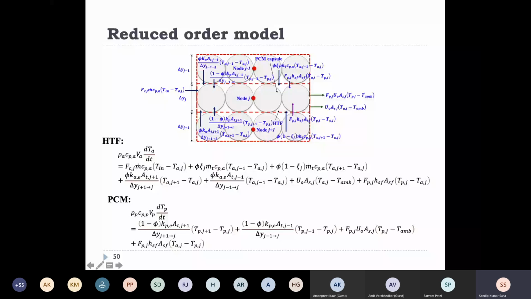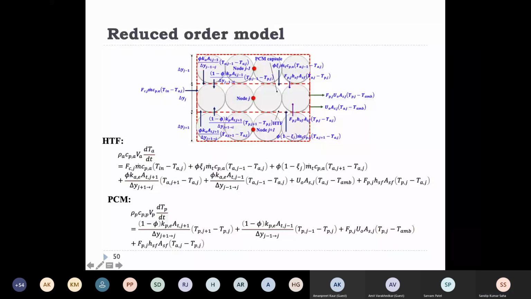Some switching functions are written, F_CZ and epsilon_Z, which specify where the HTF is coming from, through the collector or the inlet, and in which layer the PCM is present. If you set the switching function F_PZ to 0, it will vanish, meaning HTF and PCM will be decoupled.